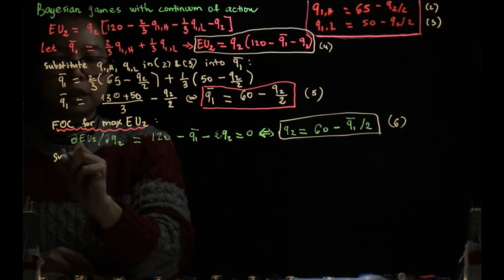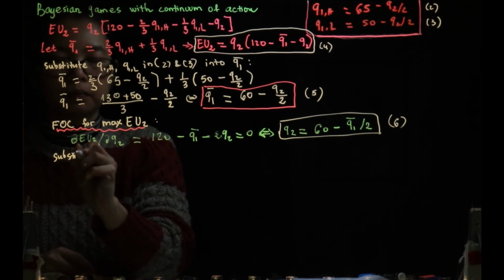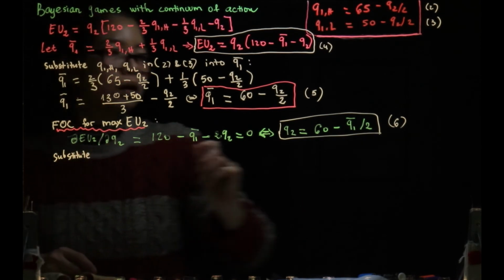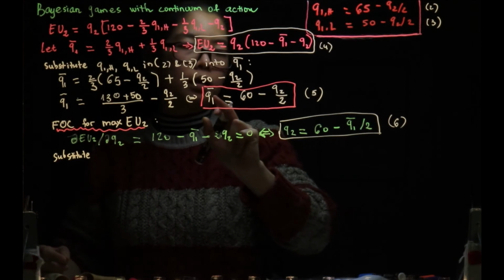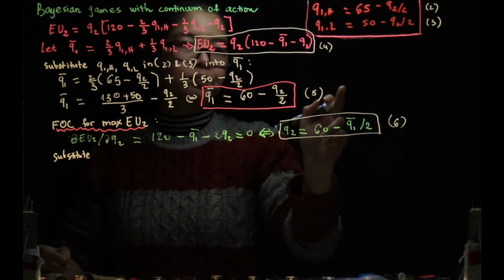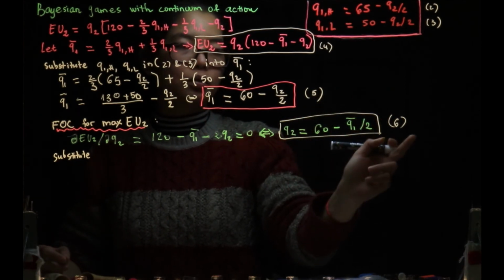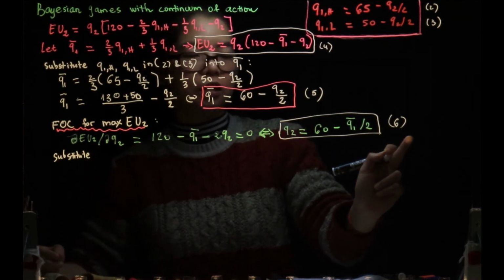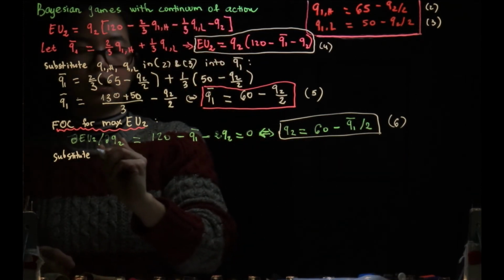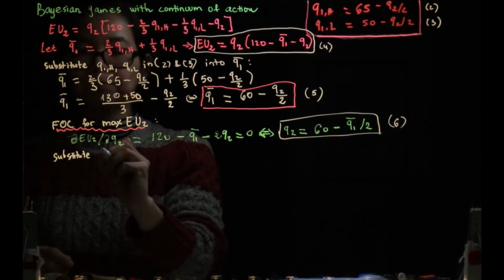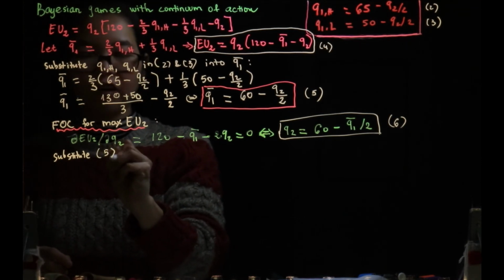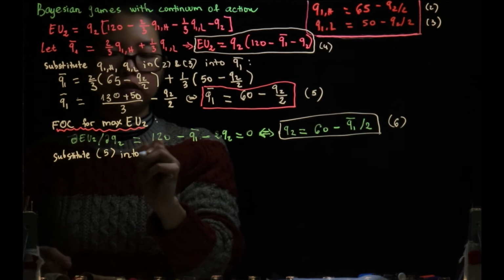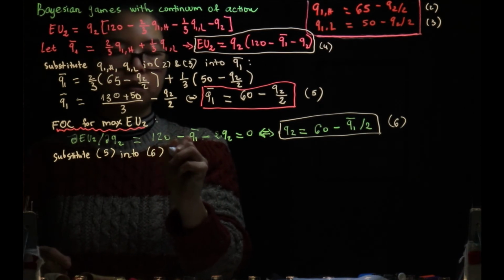Now you could substitute the one that we have, Q1 bar, which we derived, into this expression in order to solve for one of the Q's. So substitute 5 into 6.